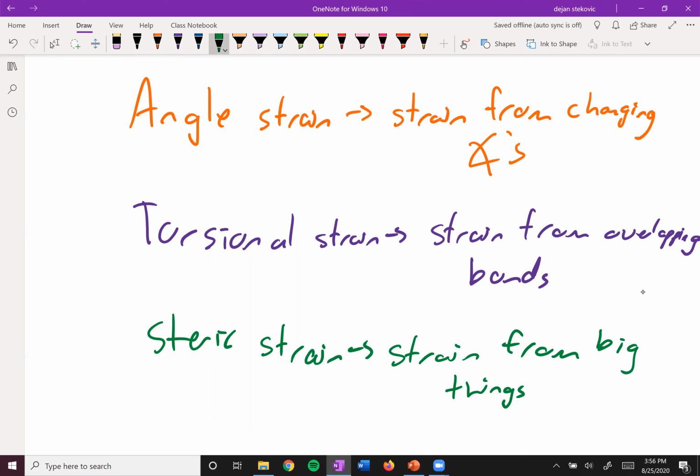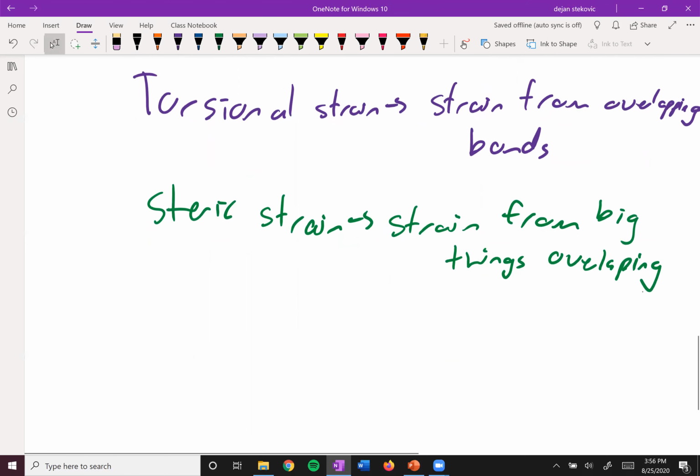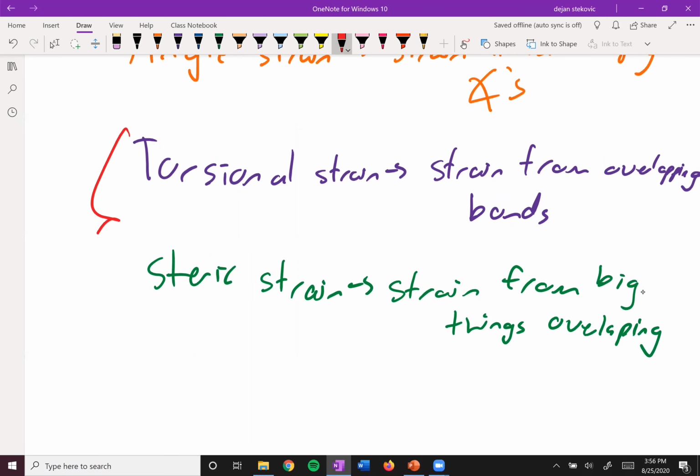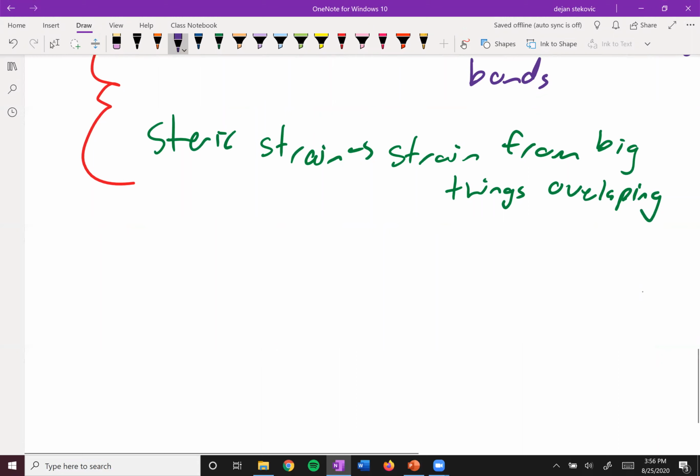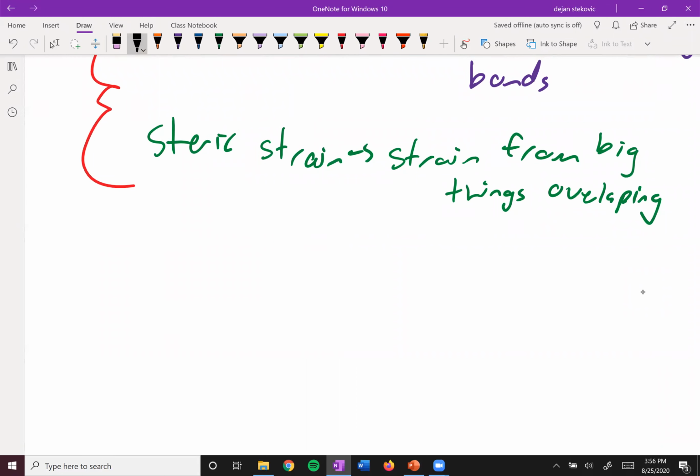These last two, torsional strain and steric strain, are very similar, and it's a little bit semantic-y, but they are technically different. So let's just take a quick look at the difference between the two. In torsional strain, what we're talking about here is the bonds.